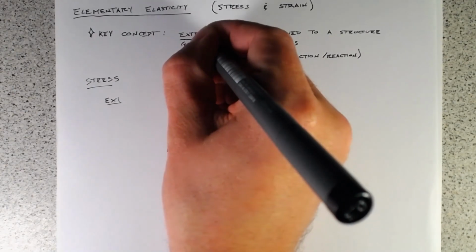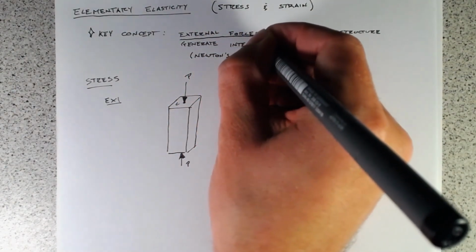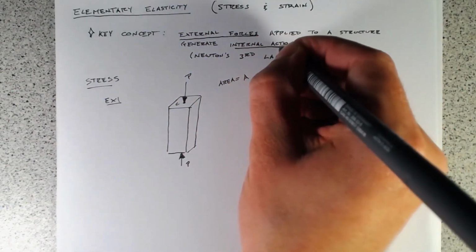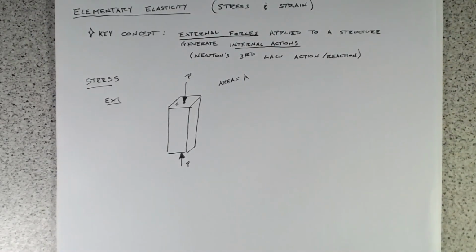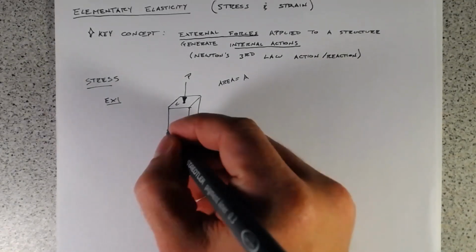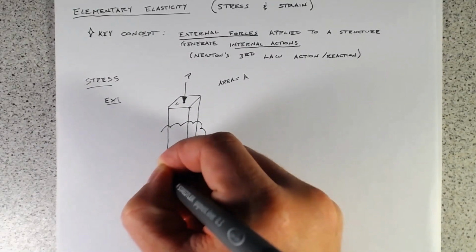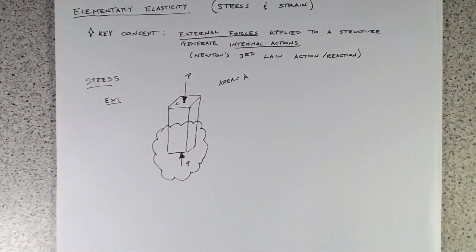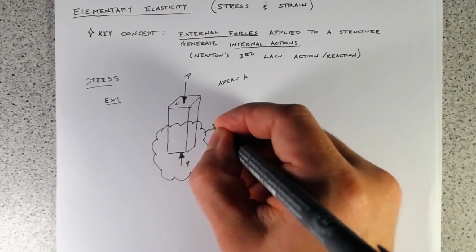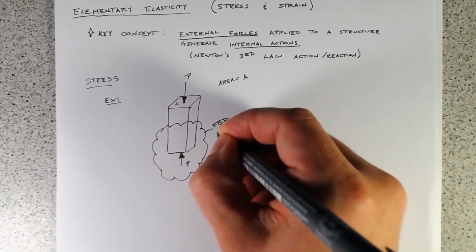That's all we're doing here, relating external forces to internal actions. The best way that I know how to do that is to take a free body diagram. And remember, when we cut through an element, we expose whatever forces are on the inside, what those actions are on the inside. So let's take our free body diagram, and just take a cut right through the middle. So that's our free body diagram cut.